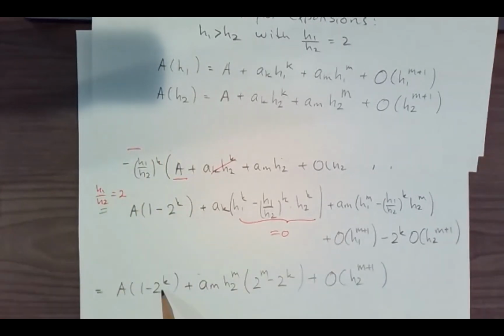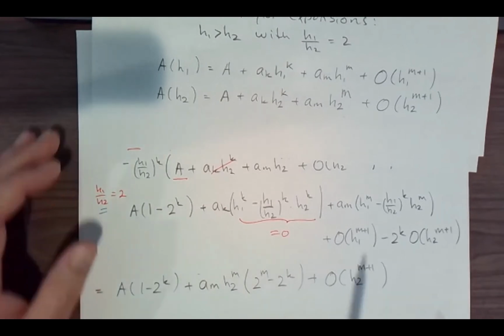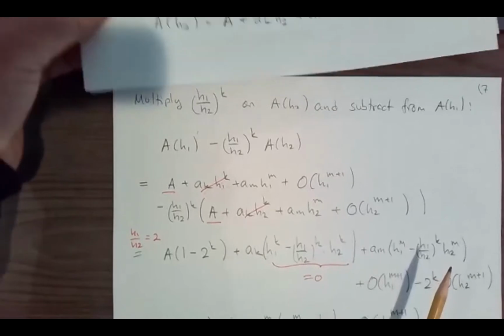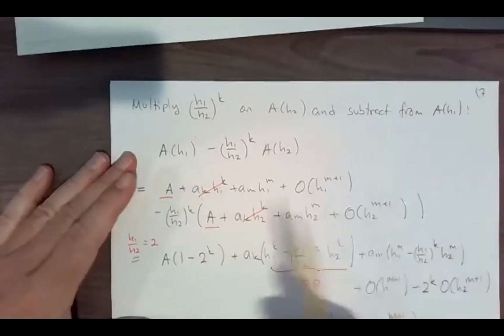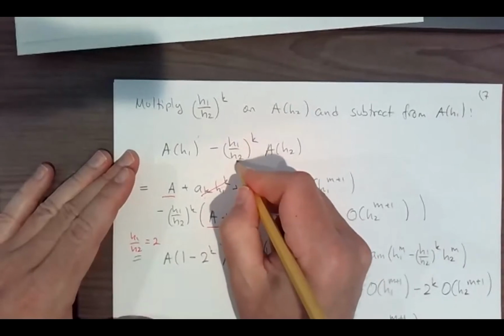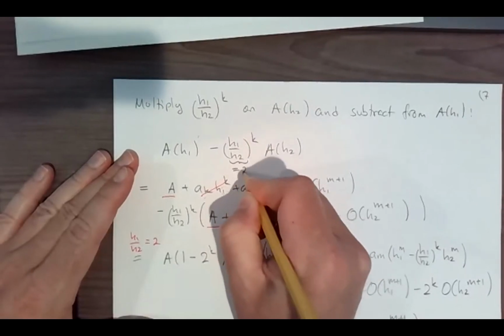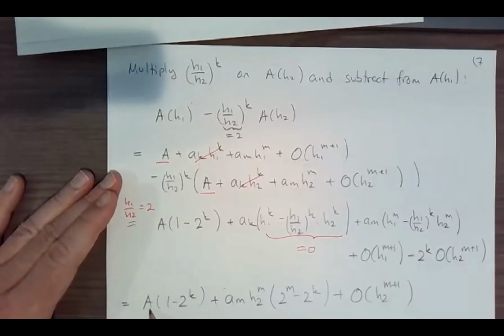So you can see it dropped. It went from having terms in here that would involve ak to the power k. Now I just have the next order term up. So I can solve for, again, this ratio here, this is 2. I can solve for a here.